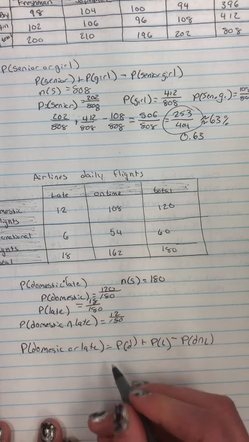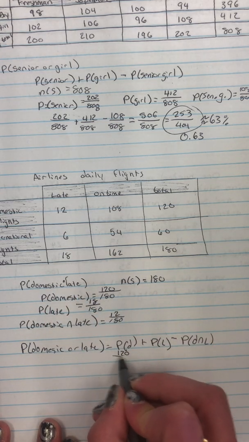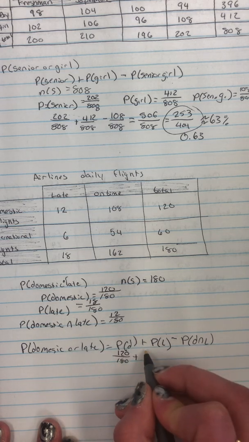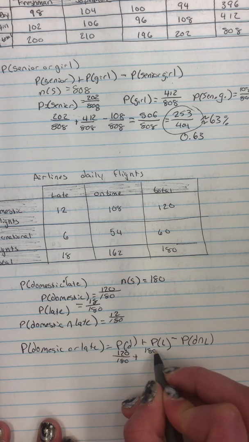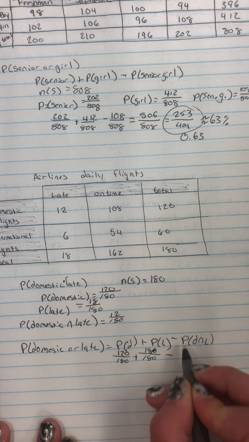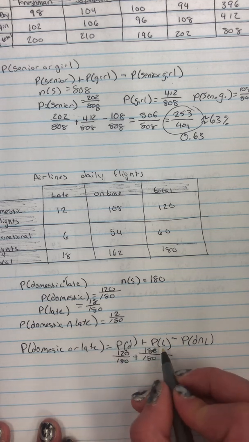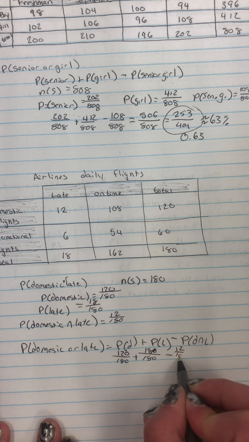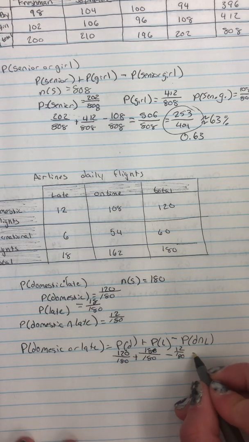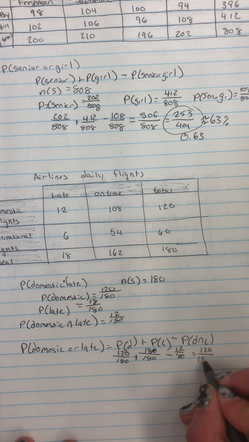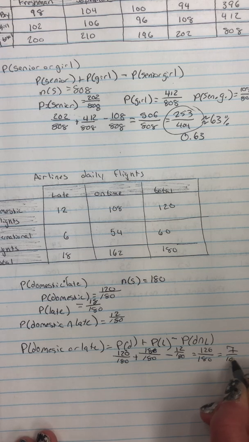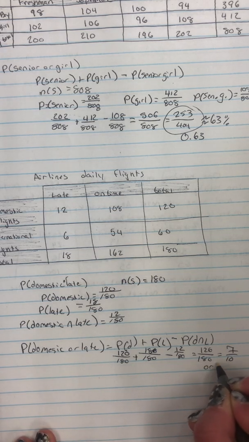Well, we know our domestic flights are 120, so we're going to do 120 over 180, plus our late flights, which is 18 over 180. And then we're going to subtract the intersection, which is 12 over 180. If we add these numbers together, it gives us 126 over 180, which will simplify to 7 over 10, or 70%.